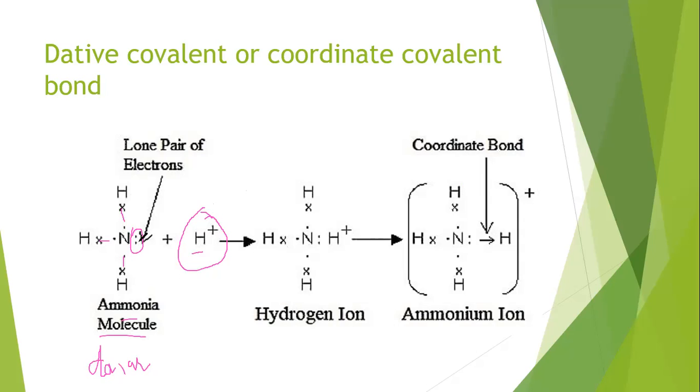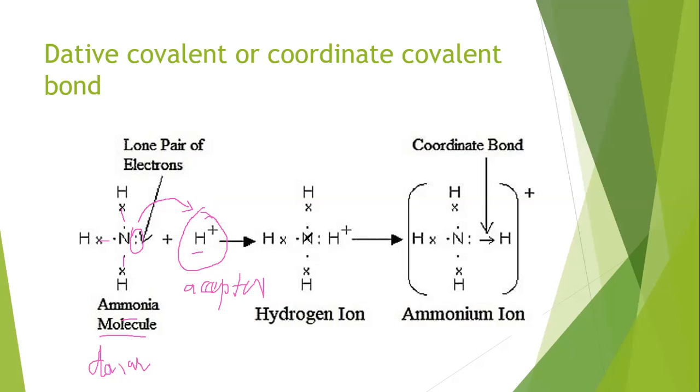The lone pair of nitrogen will be donated by the ammonia molecule, which is represented by an arrowhead, with the tail towards the lone pair and the head towards the acceptor. This is the acceptor, and this is a lone pair of electrons.